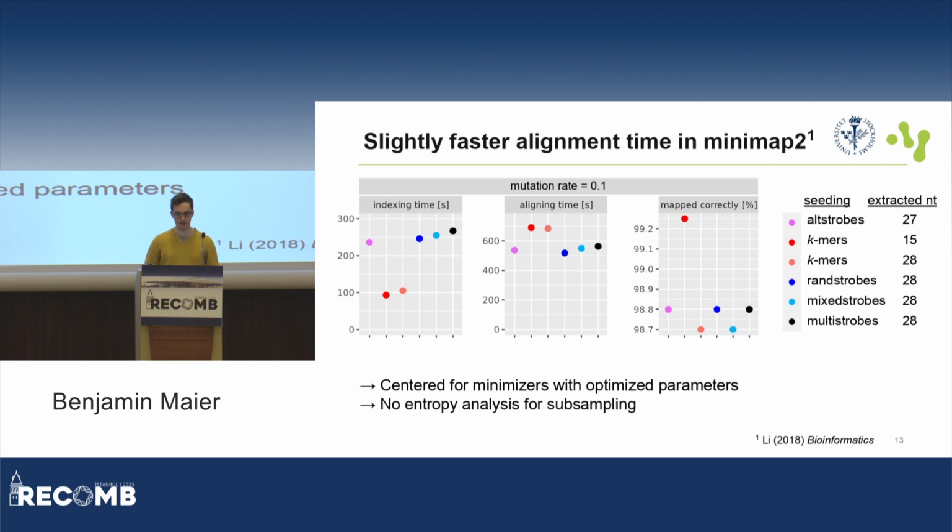To show whether our new seed constructs work well, we implemented them in a very popular aligner, Minimap 2. For the indexing time, in the first column, we observe that we take roughly twice the time to construct our new seeds, but then when we align, in the second plot, we can observe a faster alignment, which scales up the more reads you want to align.